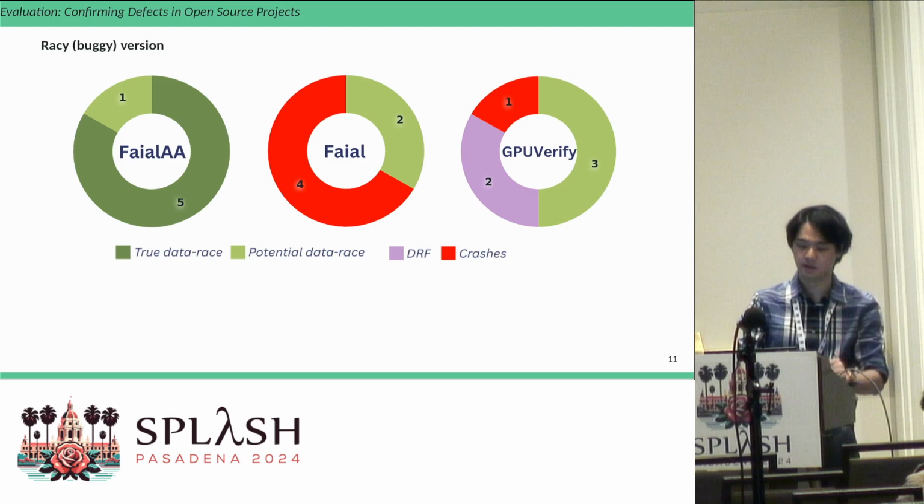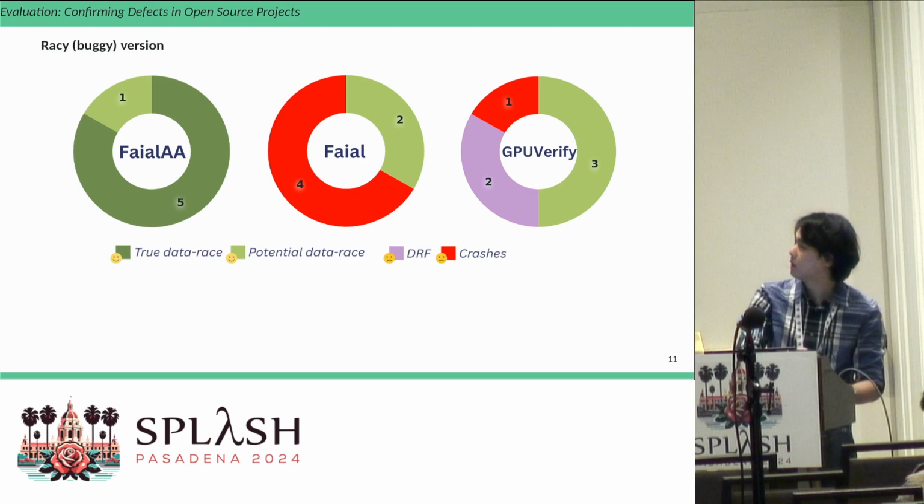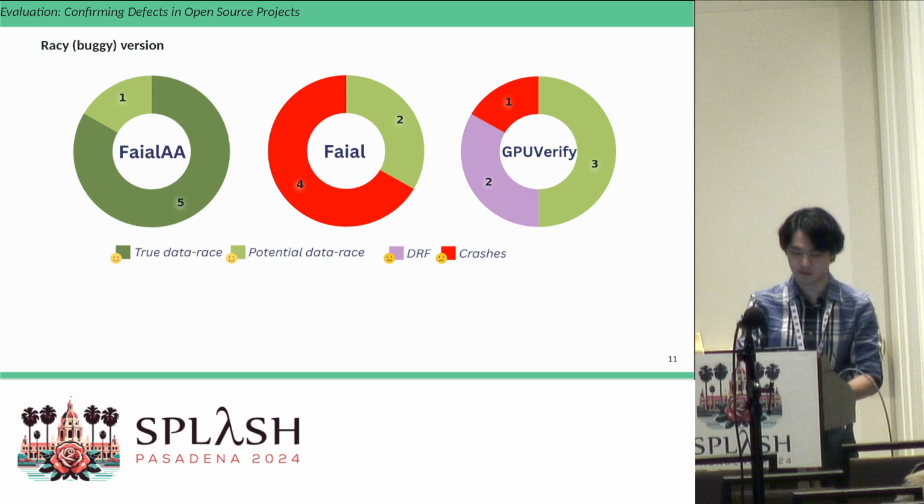Firstly, we run on the racy buggy version. So we preferably want a high number of true data races or potential data race reports and no data race free reports and crashes. And we find that Faial-AA has the highest true data races and potential data race reports, so all of them are reported as data race.